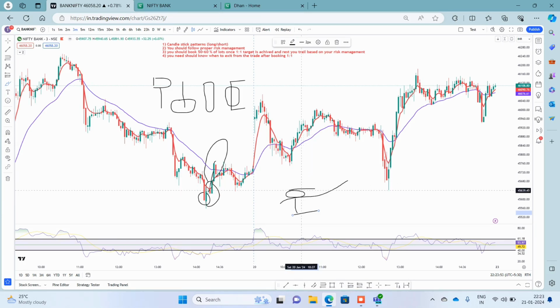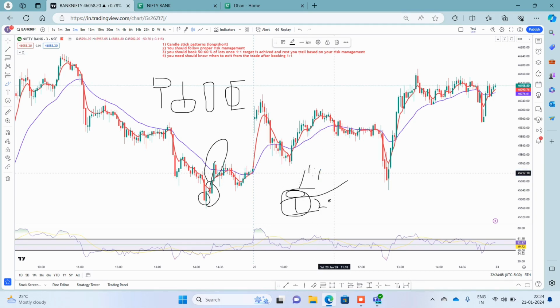What is your reward? If this candle is of 20 points, your reward, you should aim for minimum 1:1.